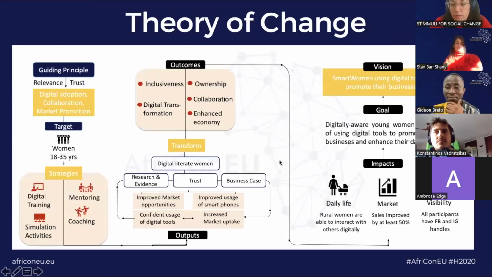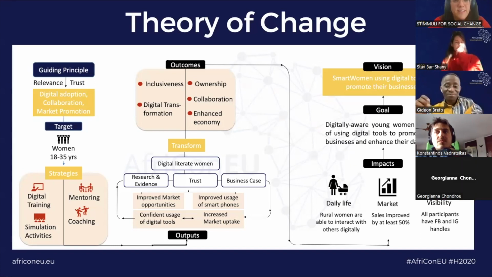Now, using the theory of change, we usually want to draw a diagram that will be on the minds of every key person involved in the project to do that. And like the earlier speaker said, the focus should be on the outcomes, but with the theory of change, can you hear me?